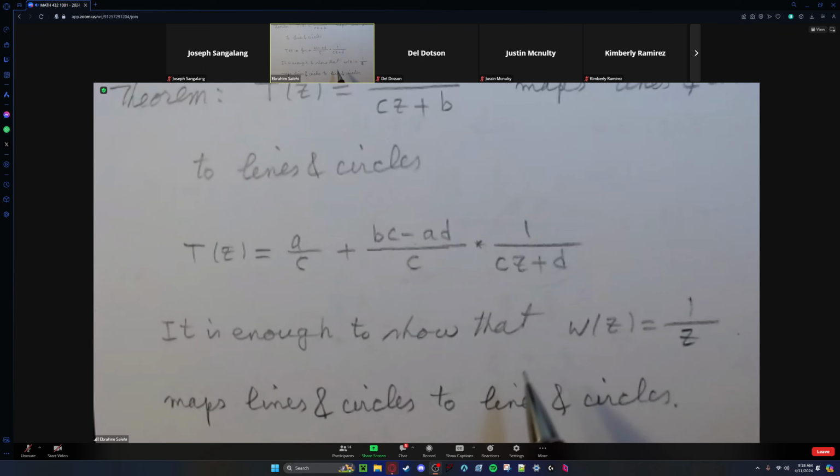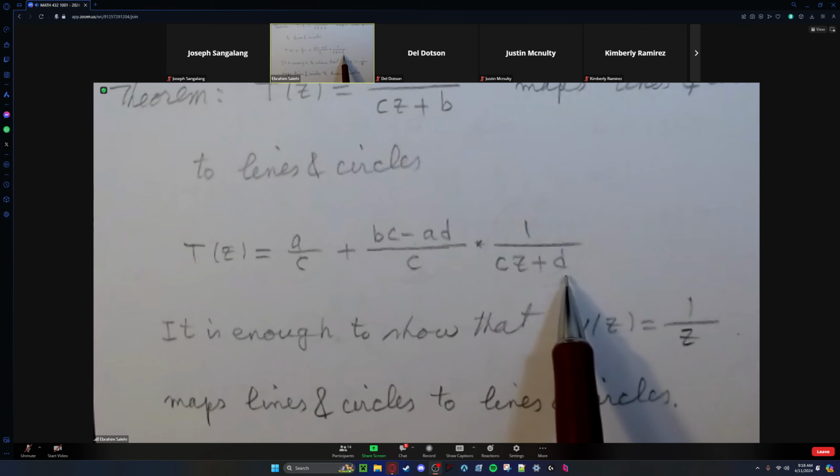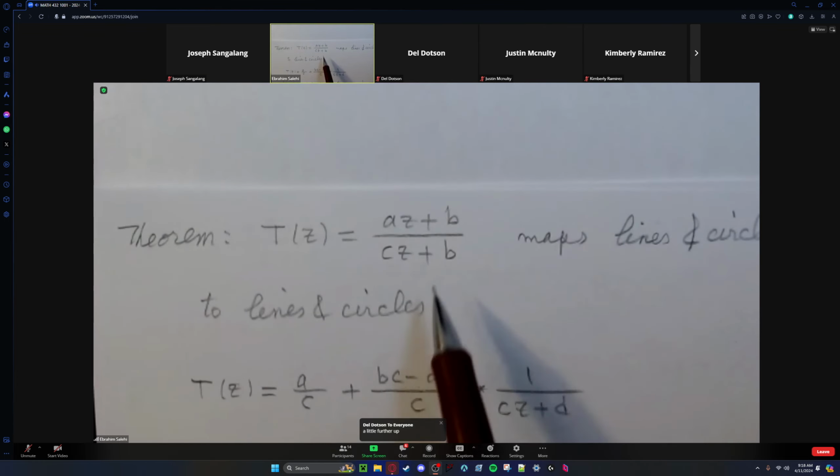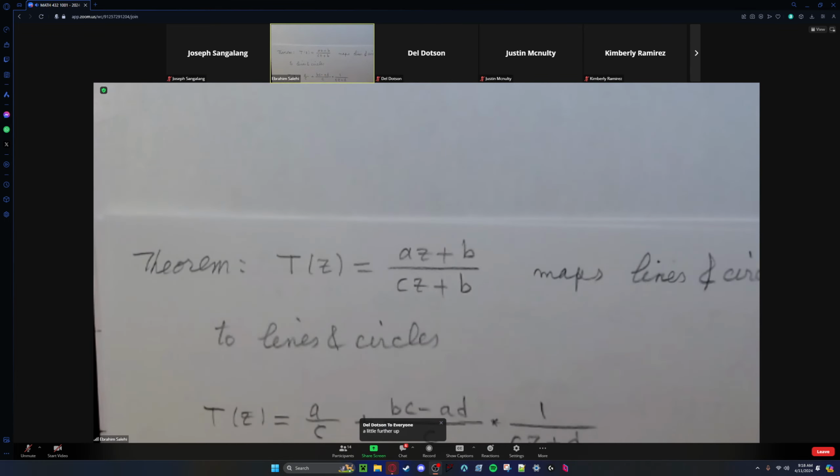Oh, here, I assume, Del Dodson, you are talking about this denominator. It's CZ plus D. Oh, yeah, this part. Oh, yeah, I see.